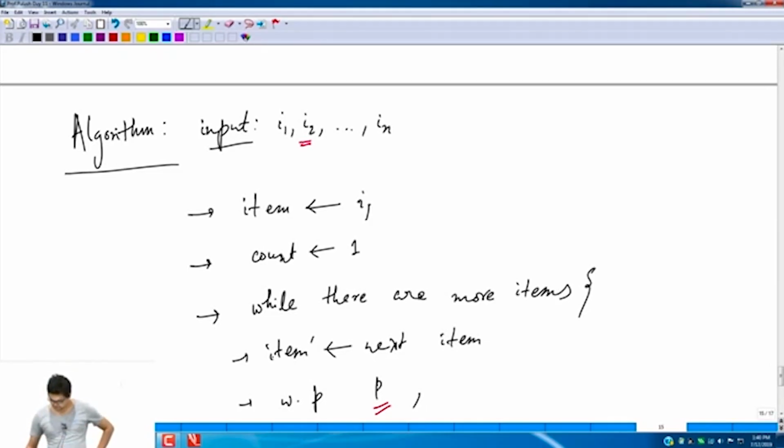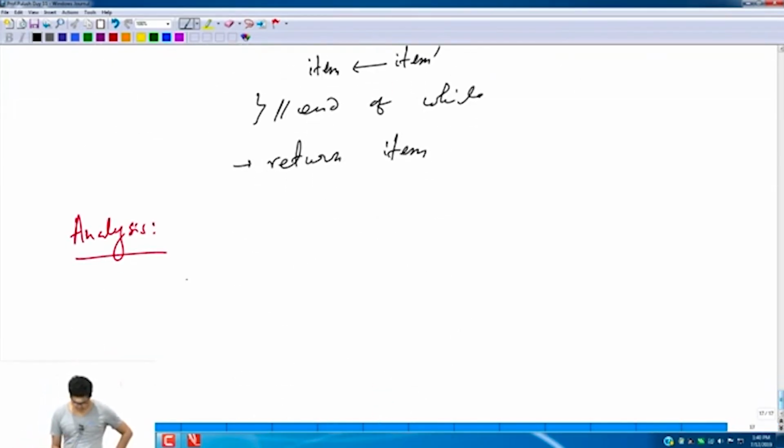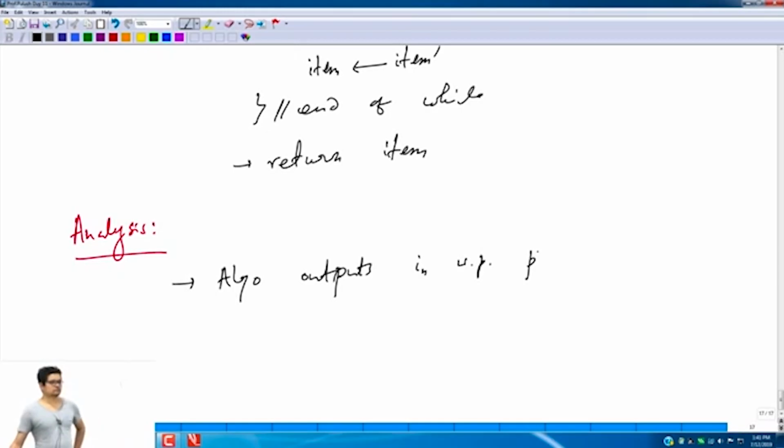So, first observation, the algorithm outputs IN with probability P. Anyone don't agree with this? Sure.